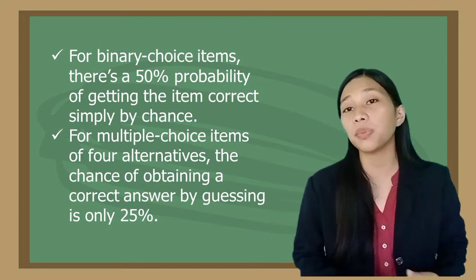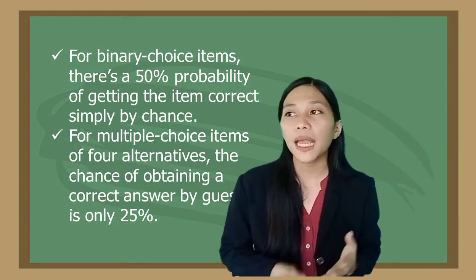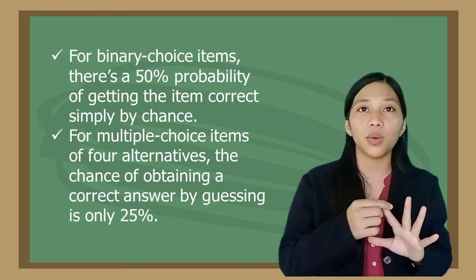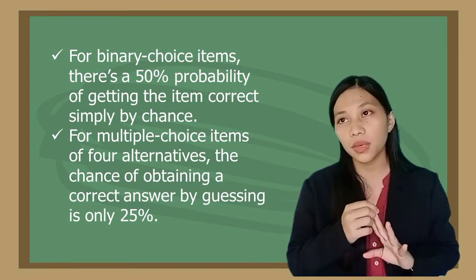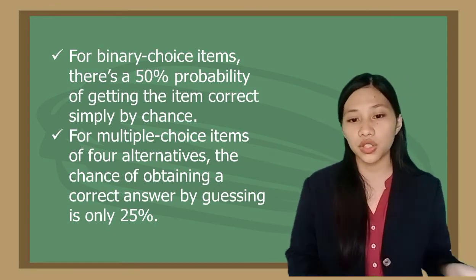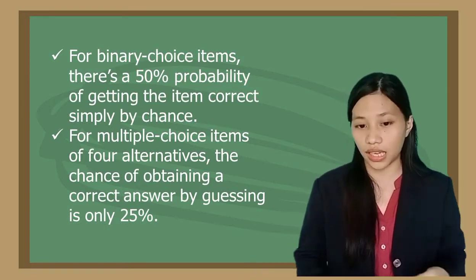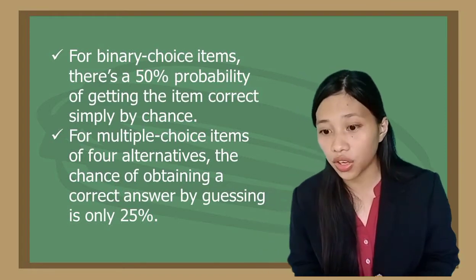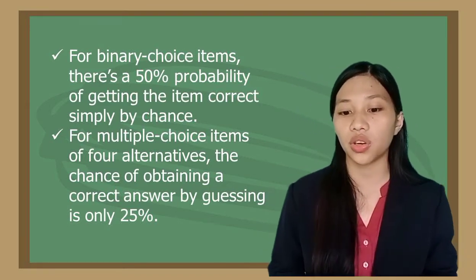And for multiple choice, where we have A, B, C, D, we have 25% each, which gives 100% total. This is an advantage of using multiple choice questions over binary choice items.